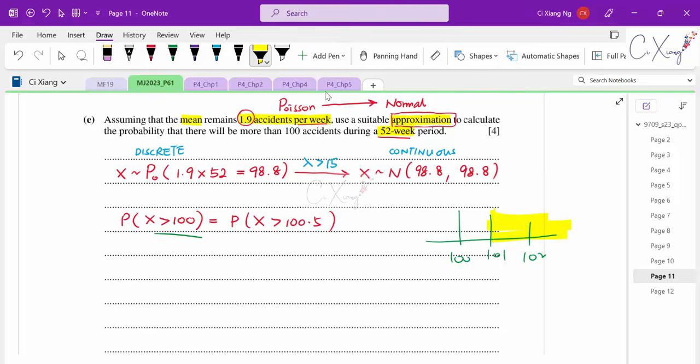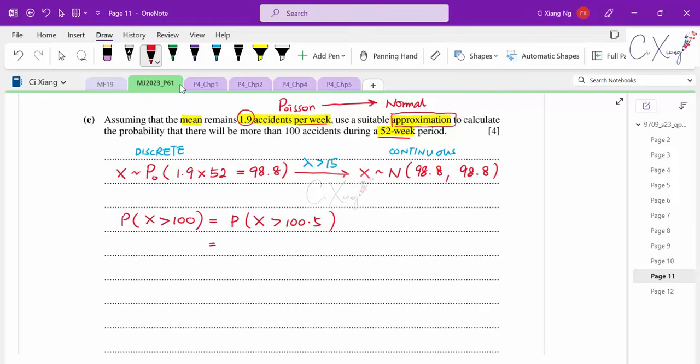I want to calculate the probability starting from the value 101. So for the continuity correction, we want to make it slightly earlier than the area or the probability that I want to find. So this value is actually 100.5.